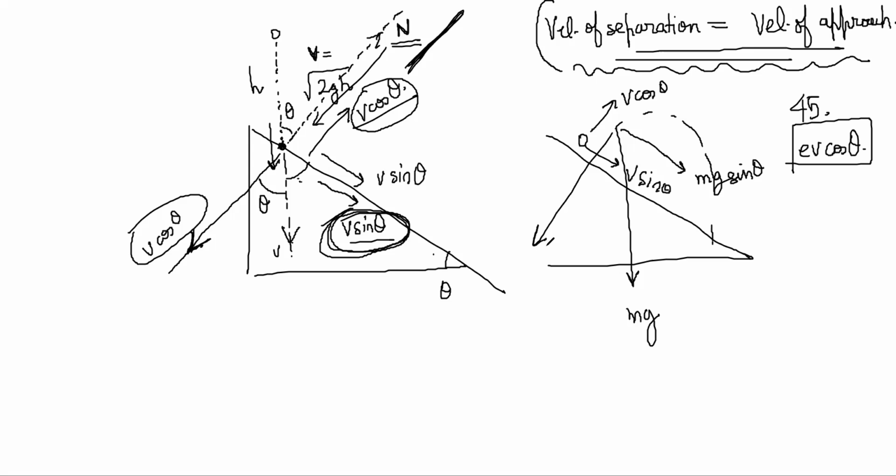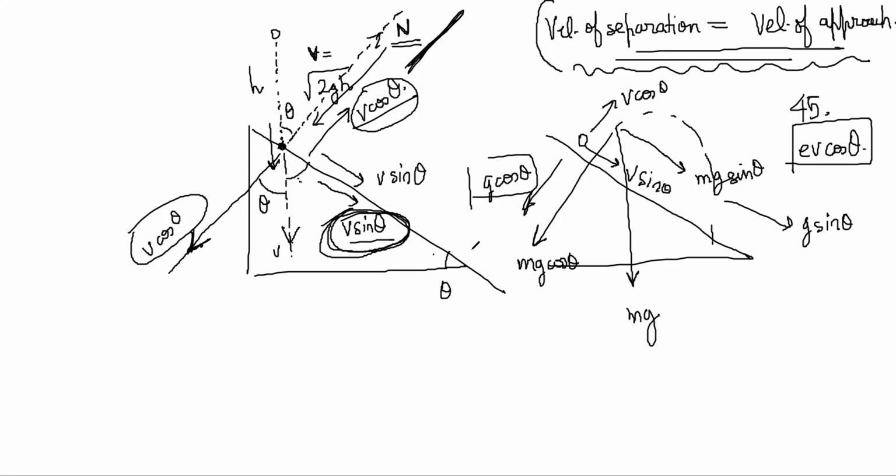This is the component of the mg force. So that means acceleration down the incline is g sine theta and acceleration perpendicular is g cos theta, for the particle.